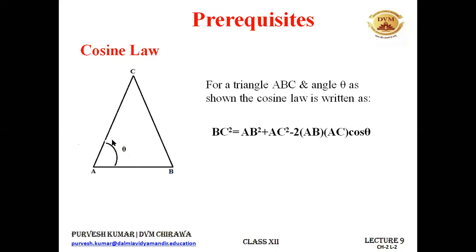BC square, the square of the side opposite to the angle. So this is my theta, opposite to it is this BC. The square of the side opposite to this angle, that is BC square, can be written as AB square plus AC square minus 2 AB AC cos theta. So this is cosine law.